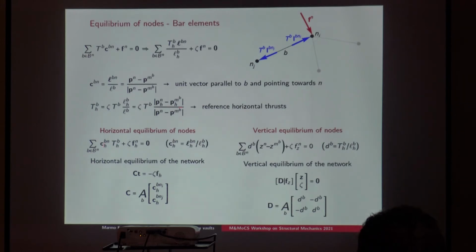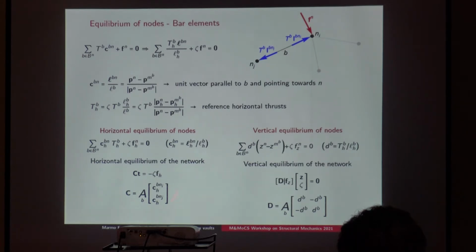Once you have these thrust values, you can use them to define some thrust densities and use the force density method to solve only the vertical equilibrium of the structure. And so in this case, you can have the vertical coordinates of nodes and consider these as unknowns of the problem.